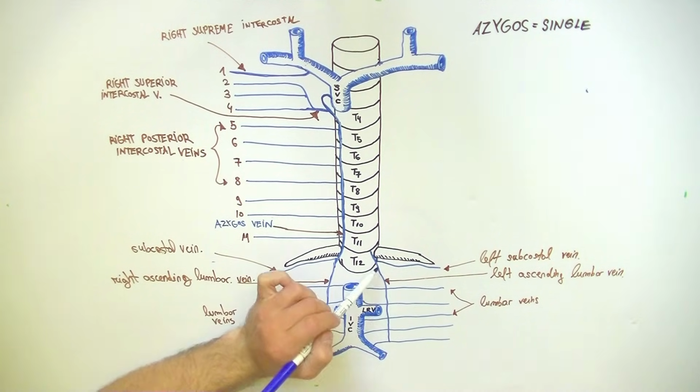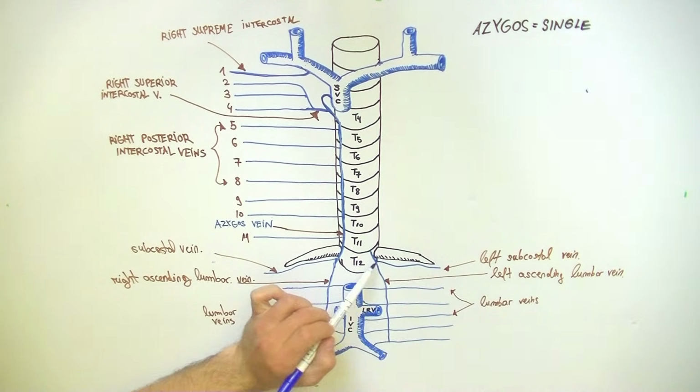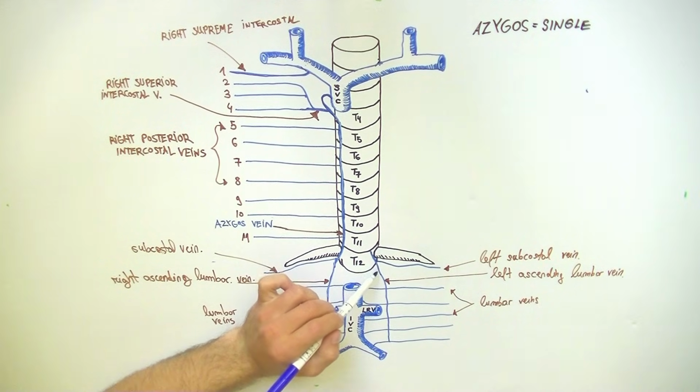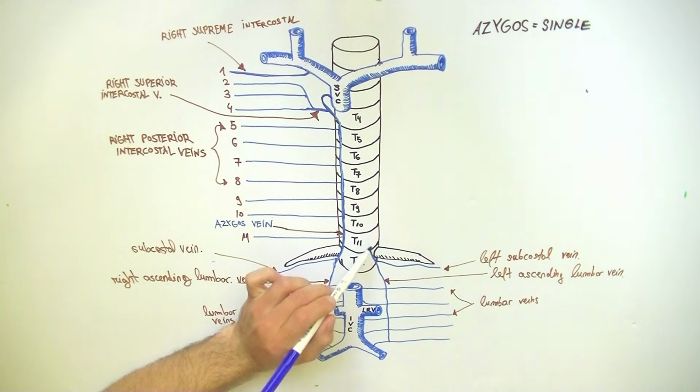So the left ascending lumbar vein and the left subcostal vein join together and form the Hemiazygos vein.